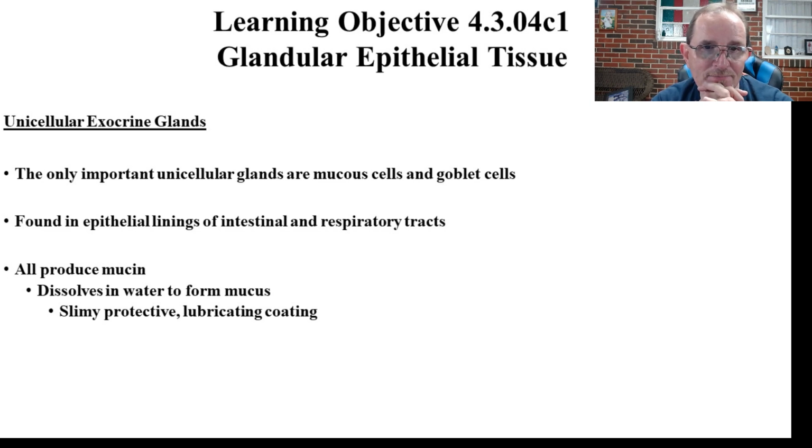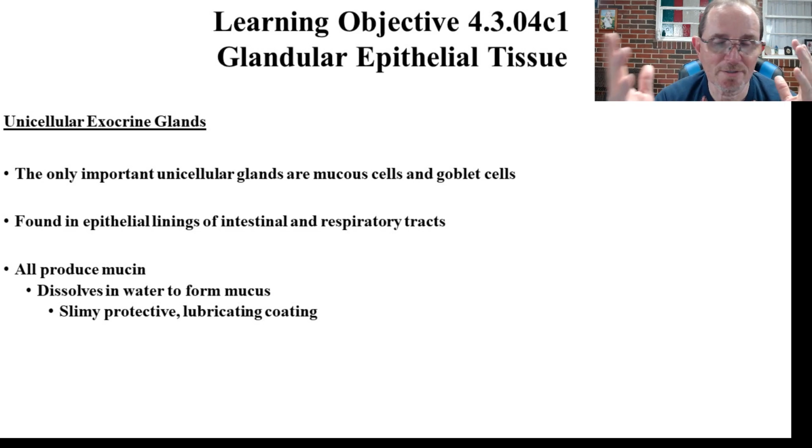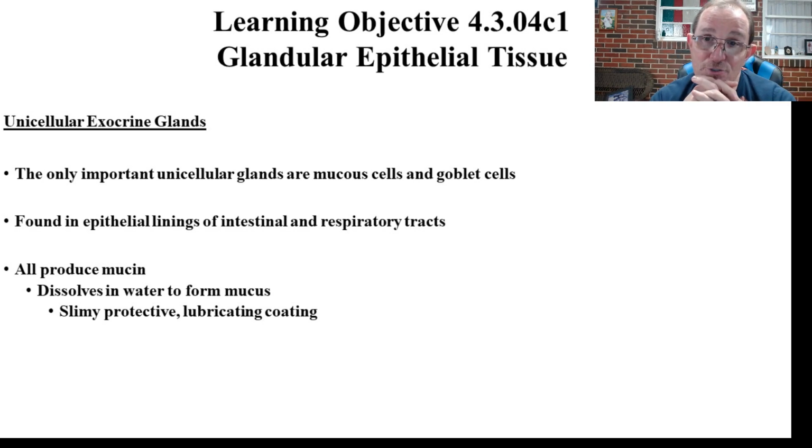Unicellular exocrine glands: mucus cells and goblet cells. These guys both make mucus. They produce mucin, which when it dissolves in water forms mucus. It's kind of slimy. It's lubricating, but it also acts as a trap in the airways for the dust and the bacteria, as we talked about.